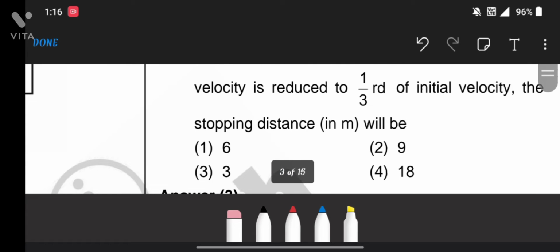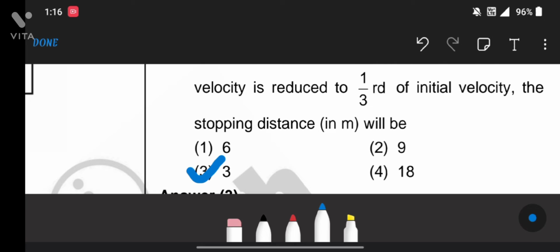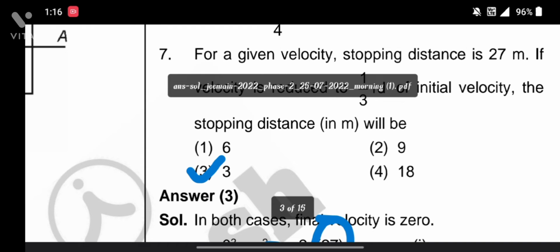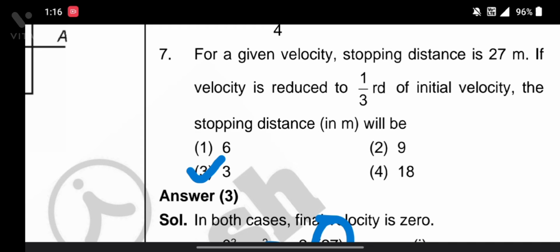Now let us come to our next question, question number 8. Here they have given that the RMS value of current flowing through a capacitor is 6 ampere. You have to remember this 6 ampere.